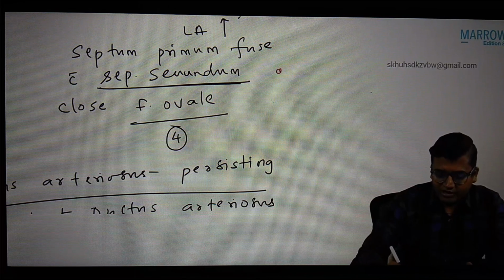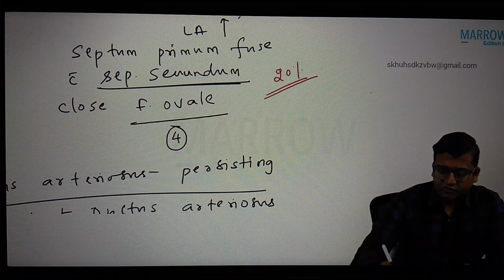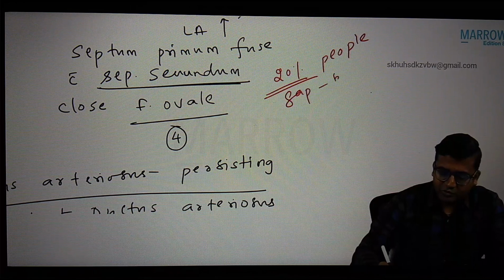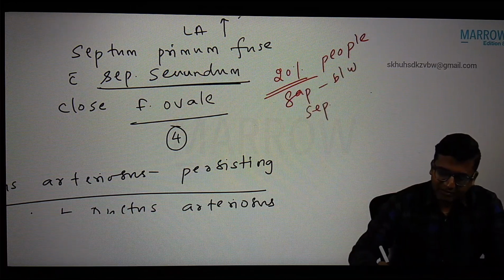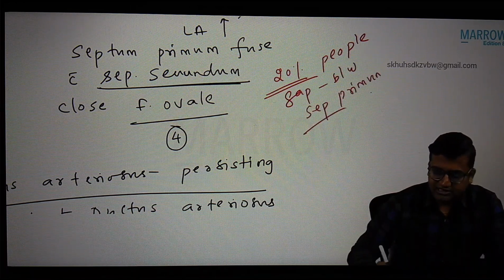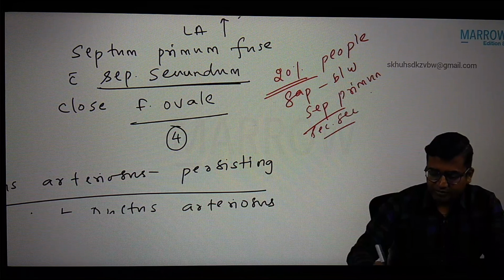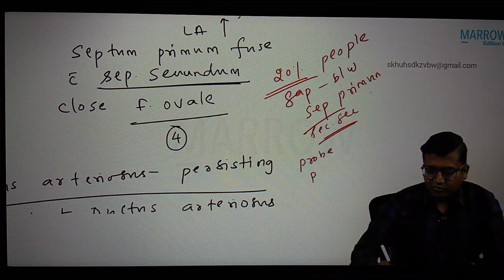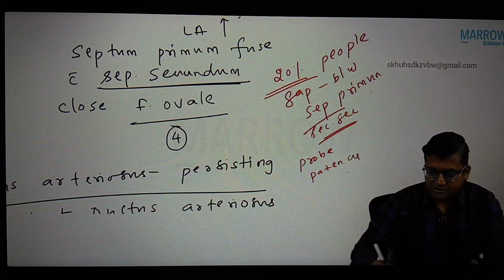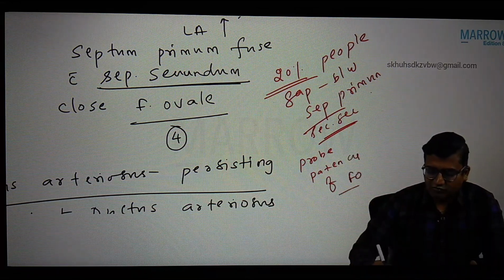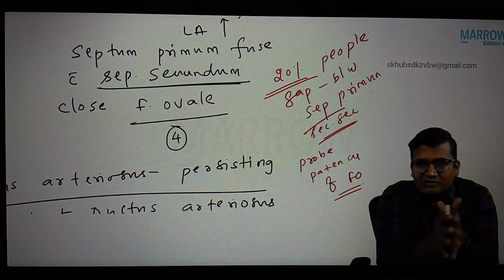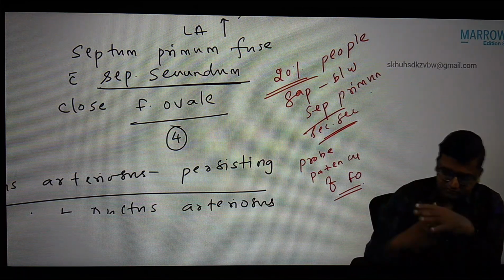Now what about the foramen ovale? In 20% of people, we have a gap between the septum primum and septum secundum. Okay, so this is called probe patency of foramen ovale. That is probe patency of foramen ovale. Okay, so again this is anatomical only, but not a functional one.